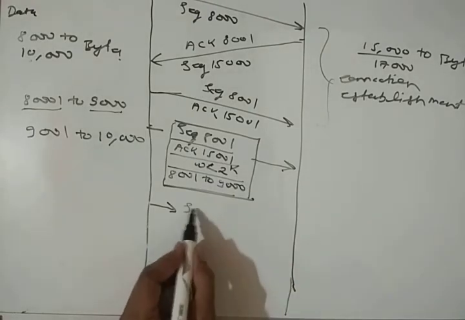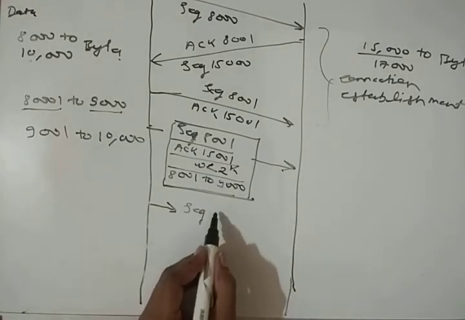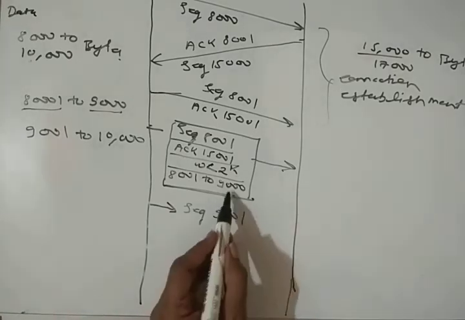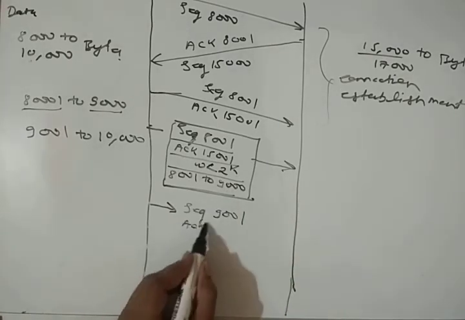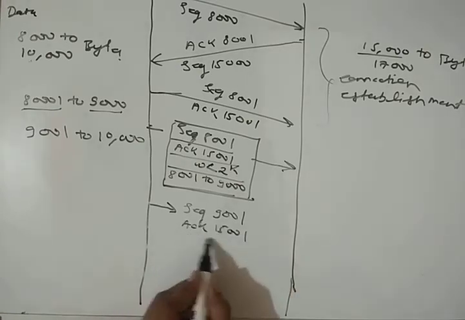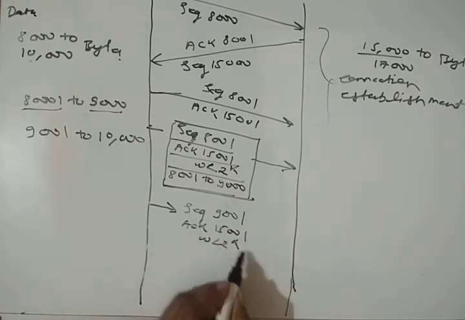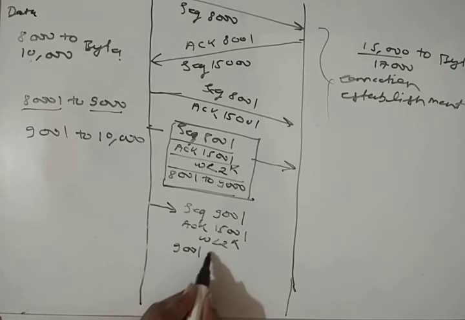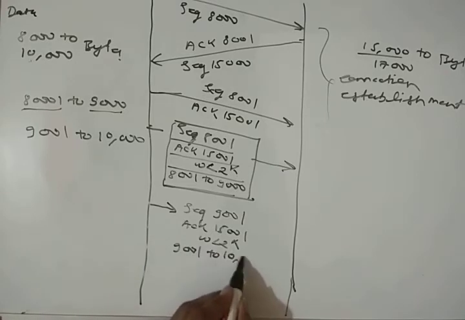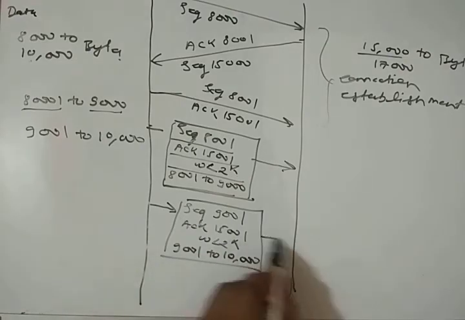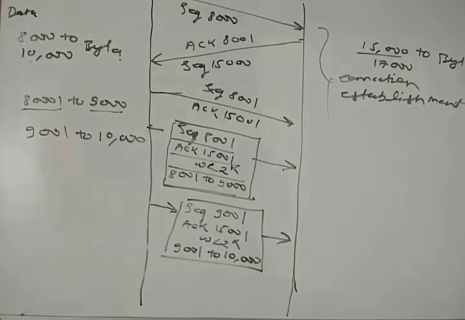Now sequence number 9001, ACK of 15,001, window size less than 2 to the power k defined. The data 9001 to 10,000 is sent to the server.